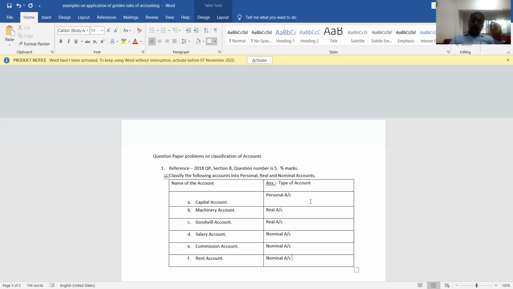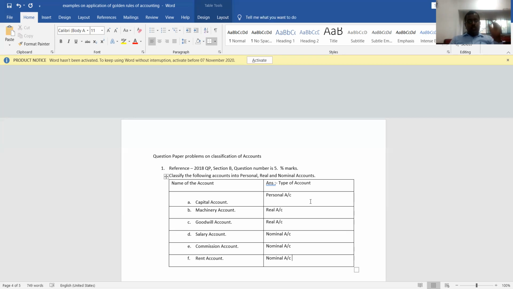If the account deals with any of the properties of the business, whether tangible property, intangible property, or fictitious asset, that account is called a real account. And if the account deals with expenses and losses incurred in the ordinary course of business, or with any kind of incomes and gains in the ordinary course of business, that kind of account is called a nominal account.